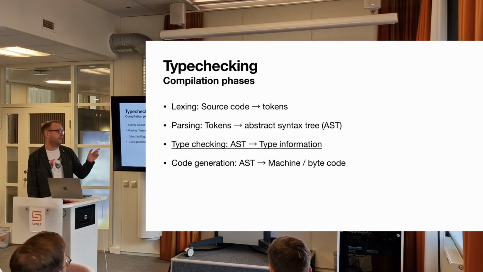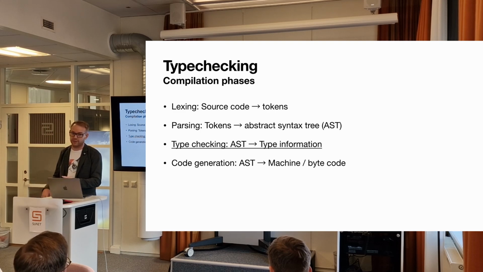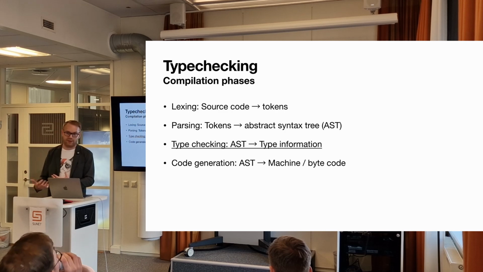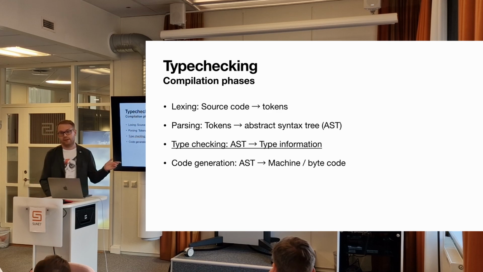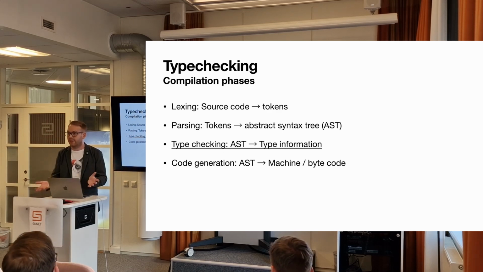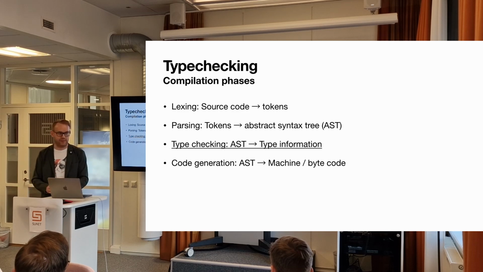After that you have code generation, which generates machine code or byte code, unless you're writing an interpreter, which just runs whatever you wrote. And sometimes type information is used in this step as well, to various degrees. You can use it to inform compiler optimizations, etc., that happen in the last step.